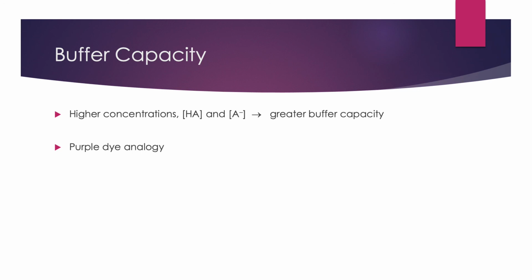Now, one way you can think of this is imagine that you have a glass of water and you add a few drops of purple dye. Okay, if you do that, you're likely to be able to see a color change in your glass of water. The capacity for color change in your glass of water isn't very great. So adding several drops of purple dye is still going to change the color. But now suppose you filled your bathtub with water and you add those same couple of drops of purple dye and you stir it around.